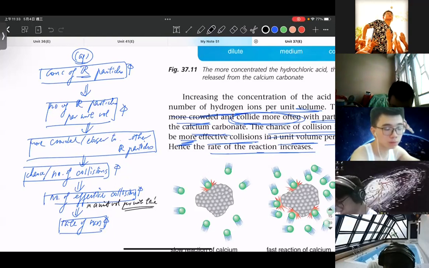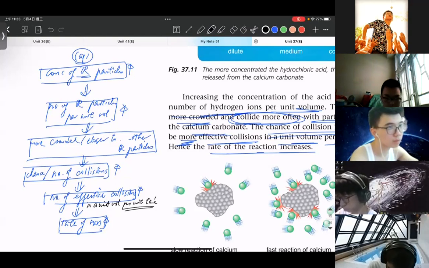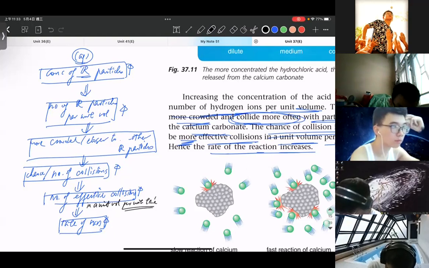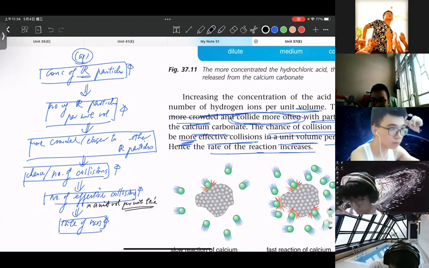Any questions so far? Now, before you end the lecture today, please let me know your level of understanding from 0 to 10 and write it in the chat box.